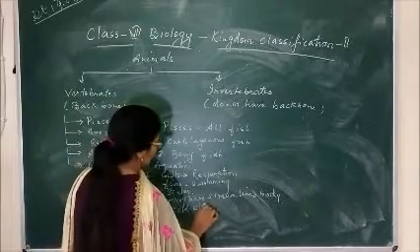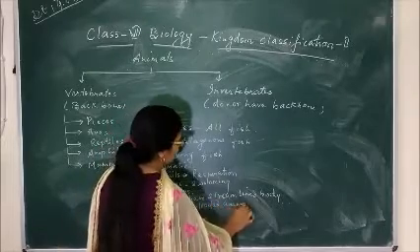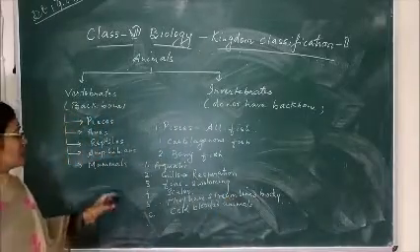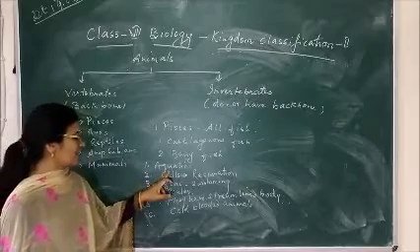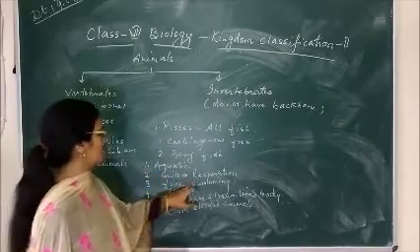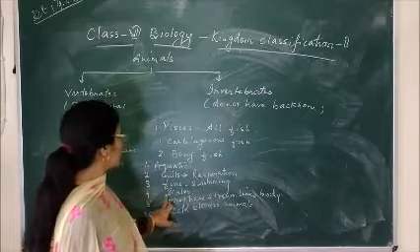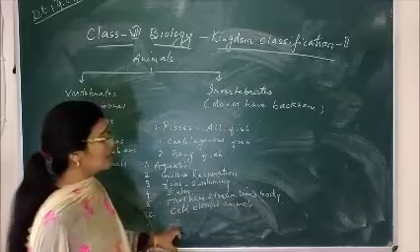Cold-blooded animals means they can change their body temperature according to the environment. So these are the main features of the fish, that they are aquatic in nature, they have gills for respiration, they have fins which help them in swimming, they have scales throughout, their body is streamlined, and they are cold-blooded animals.